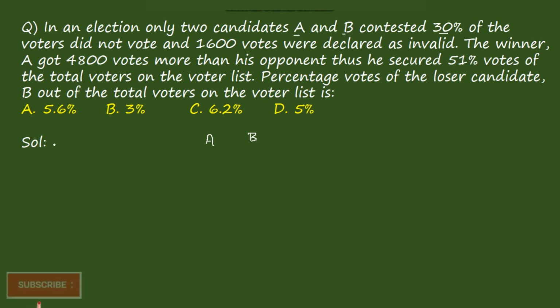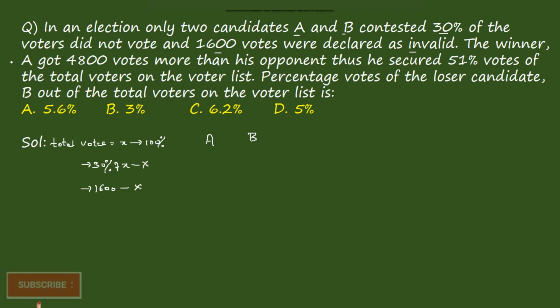First we consider the total number of votes on the voter list as x, which is 100%. 30% of x did not vote. Again they are saying 1600 voters were declared invalid.